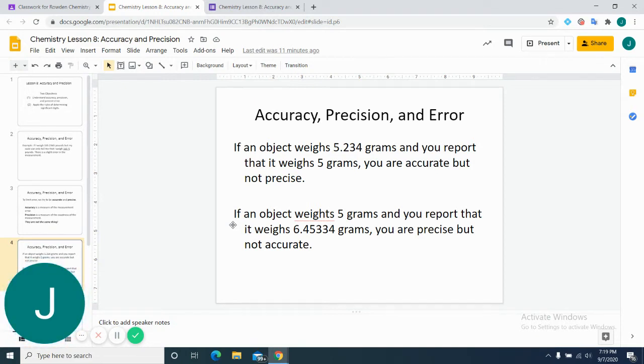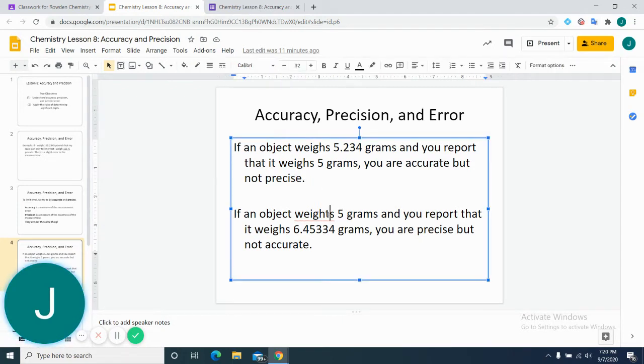So if you're just going by what's in the ones place, by how many whole grams you have, it's true, you have 5 whole grams. So you're being accurate. However, are you being very specific in your answer? No, you're not. You're saying 5, you're ignoring the 0.234. So if you would have tried to tell me the decimals, then you probably would have ended up being wrong. Okay, so see, you're accurate when you just say 5, but you're not precise. You're not saying something specific.